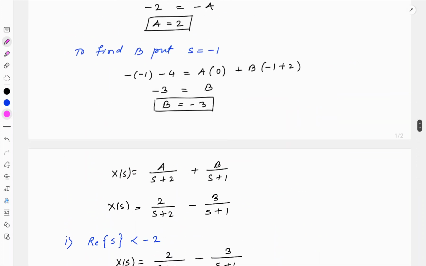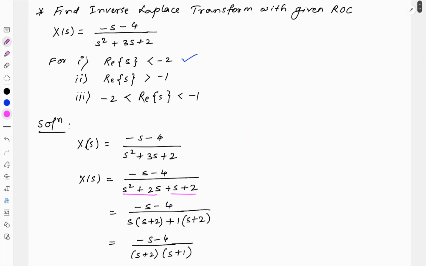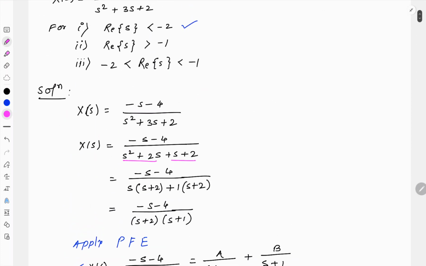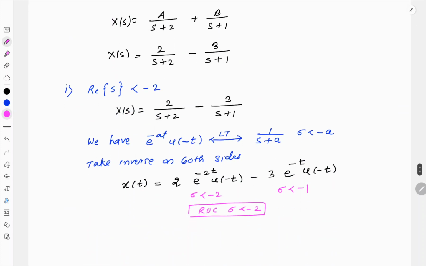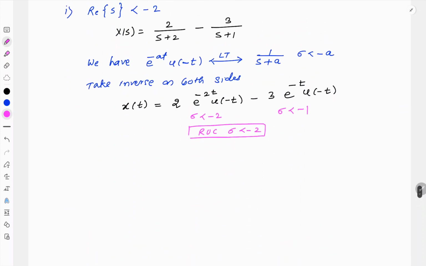Now the second condition given is RoC should be greater than minus 1. So let us go for the second condition. Real part of s should be greater than minus 1.